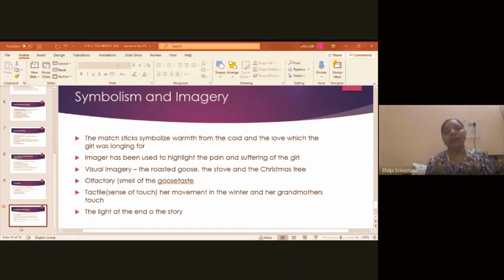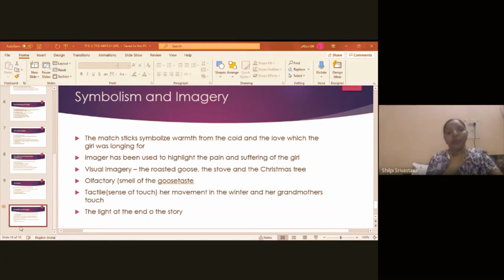the pain, the suffering that she was going through, what kind of relief did she want? So you also start feeling the same for her. When she imagines the roasted goose, then you also feel that yes, the girl is absolutely hungry. Oh, she's starving. Oh, she is famished. When she sees the brass stove, you feel, oh, she is freezing with cold.